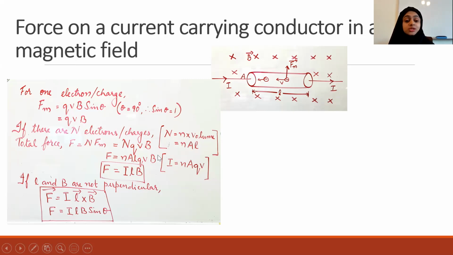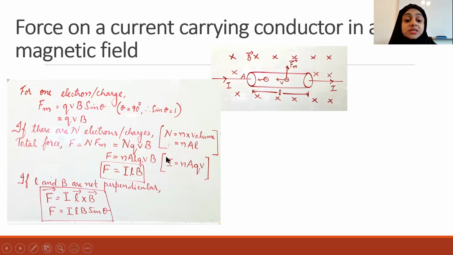Now in electrostatics, you have learned that if current flows through a conducting wire, where the charged particles are moving with a drift velocity v, the current I is equal to nAQv.